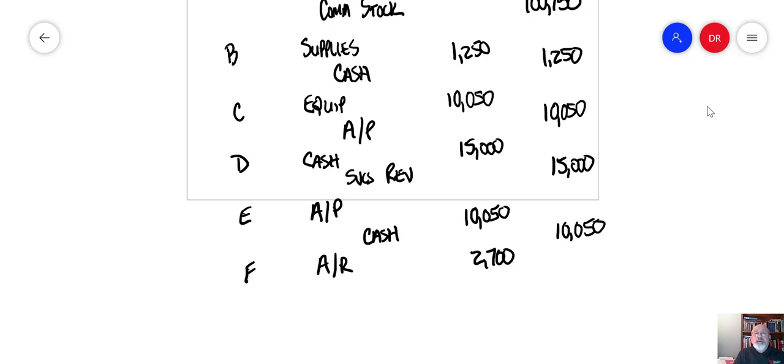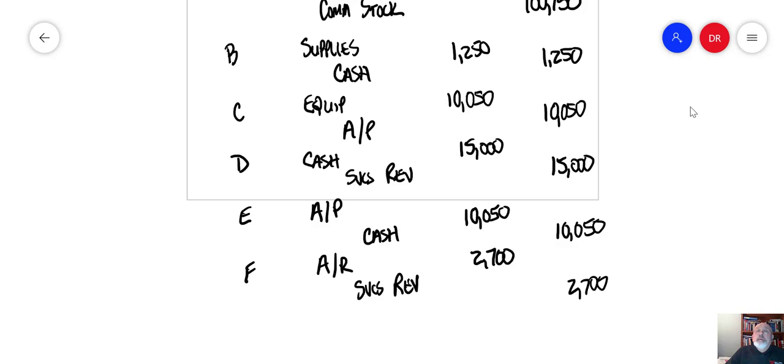It's an asset, so it increases with a debit, and we increase that because we sold them things on credit. The credit here, because we're selling services, is going to be services revenue, $2,700.